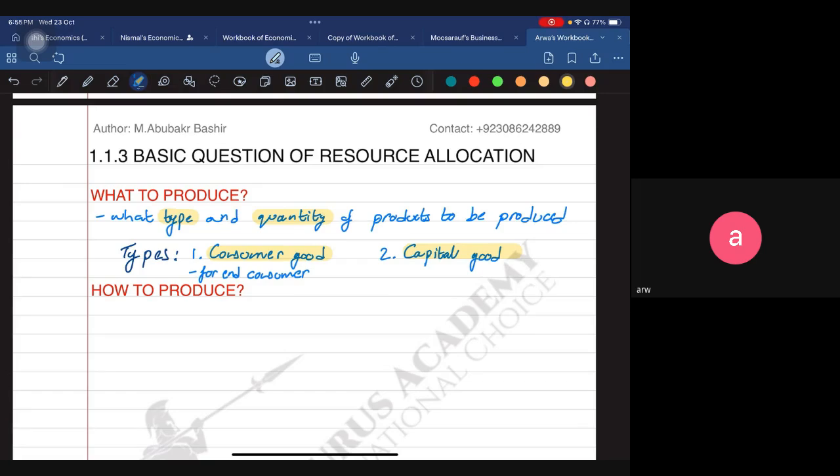when we talk about a generation, we are talking about a longer time period, right? So 10 years from now. The capital goods can be very helpful in producing goods in the future as well. So from capital goods production, we can satisfy the needs of our future generation, because in future we can make the consumer goods from that. But if you make all of the consumer goods, they are going to be used today only.